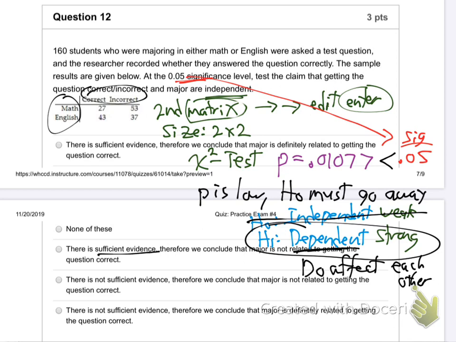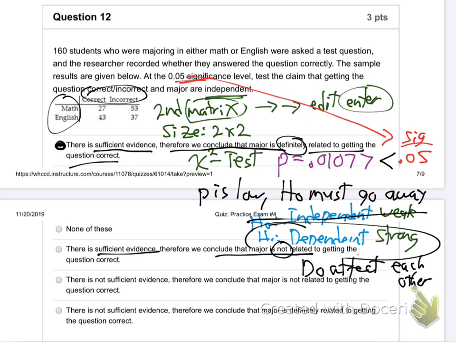Sufficient evidence. We conclude the major is not related? No, that's not right. Oh, is it the next one off the screen? Okay. Oh, it's up here. Sufficient evidence. Therefore, we conclude that the major is definitely related to getting questions graded. Yeah. There we go. That's the answer.